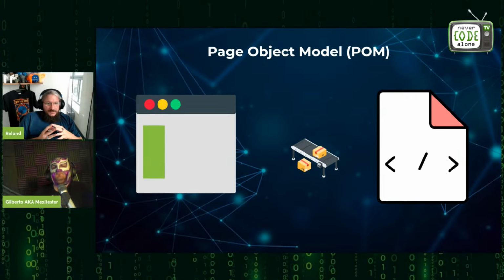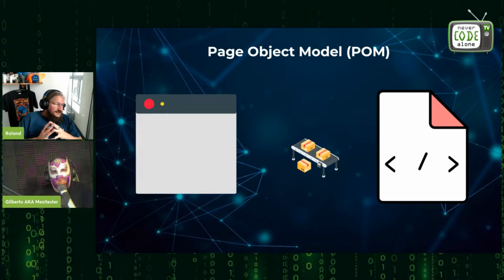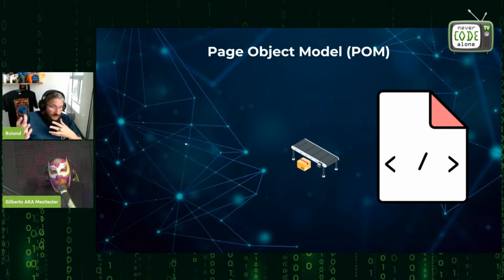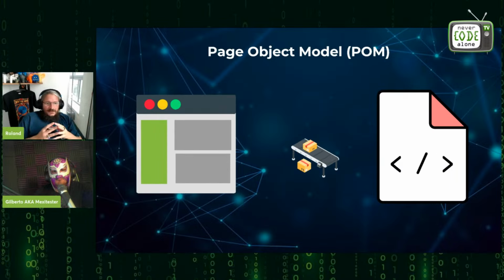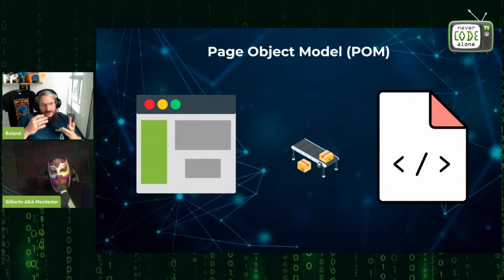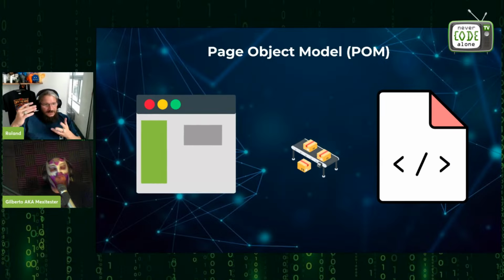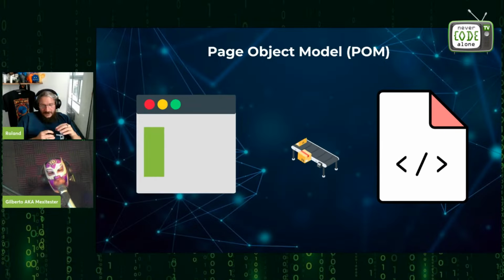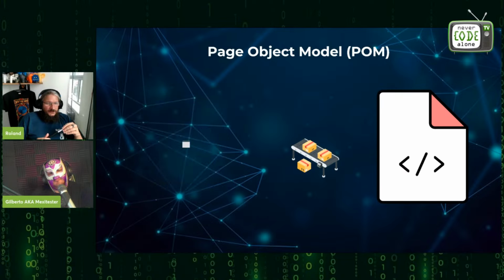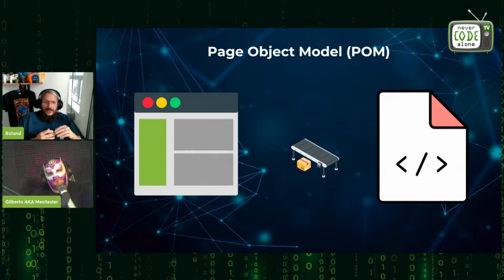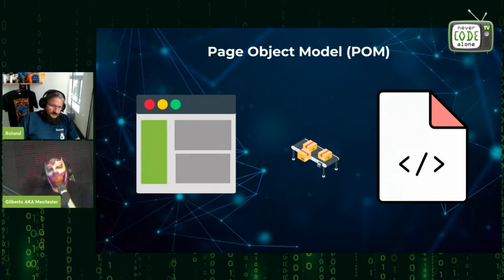When I have a checkout page and the checkout button, I have it in my auto completion and I can read the whole code and understand where I am. Without a page object, I don't have any chance to do it.